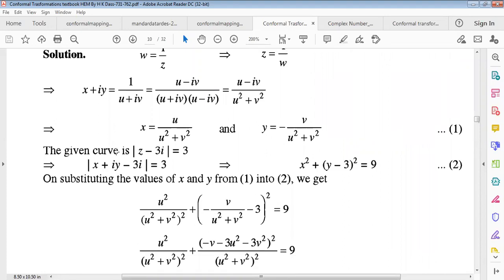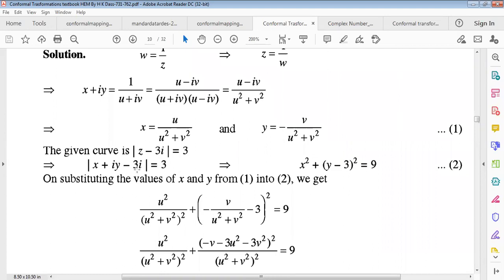Now the given curve is |Z minus 3i| equals 3. Z equals X plus iY, and 3i is given. We can take a real part and an imaginary part. Real part is X, and imaginary part can be written as i into (Y minus 3).